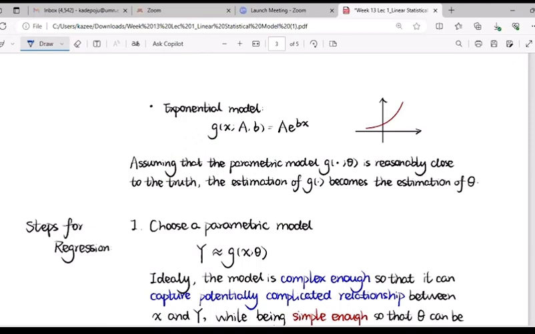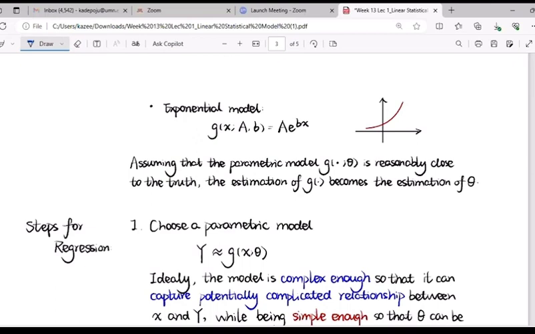I know some of you take courses in mathematics, and that gives you the opportunity to know the names of different shapes. Now imagine you plot your data y against x and you have that shape. That's called an exponential model. And that is what an exponential model looks like.